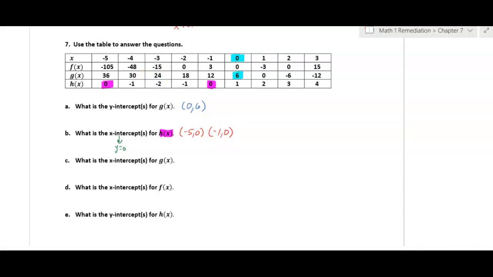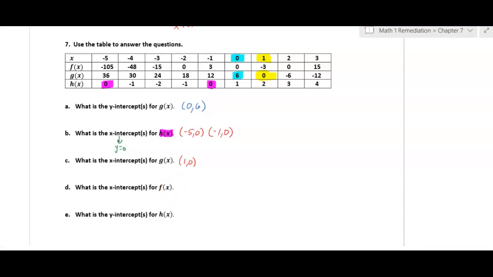Now the x-intercept for g of x. When I look at g of x, the x-intercept has a y value of 0 right here. That would be the ordered pair 1, 0. The x-intercept for f of x?